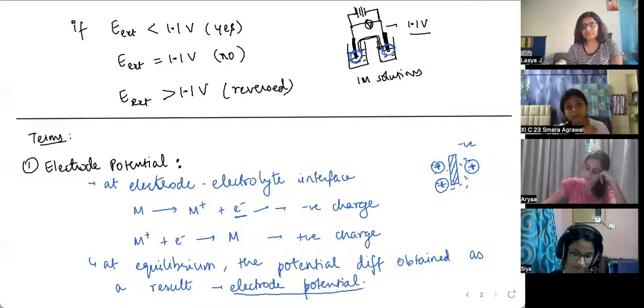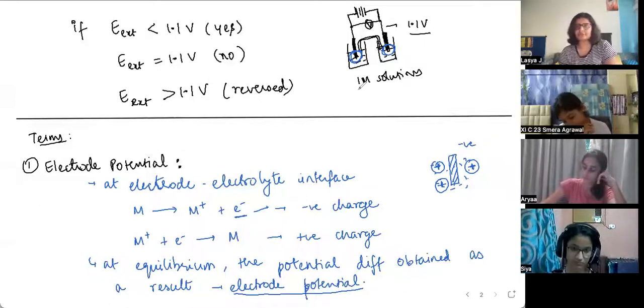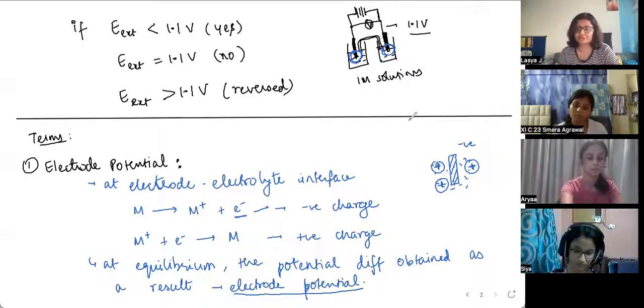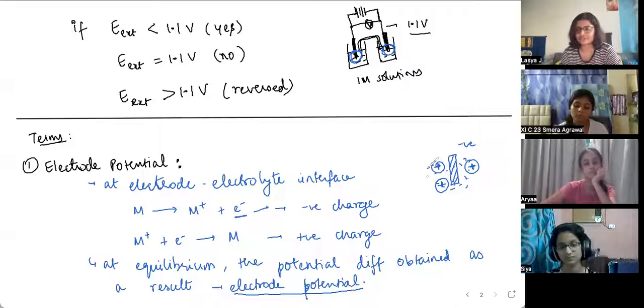It depends on the concentration of the ions. It is an equilibrium, right? So equilibrium by definition, you can control it by manipulating the concentration of the solution of the ions. Increasing the concentration of the solution is going to push it in one direction, decreasing it is going to push it in the other direction.